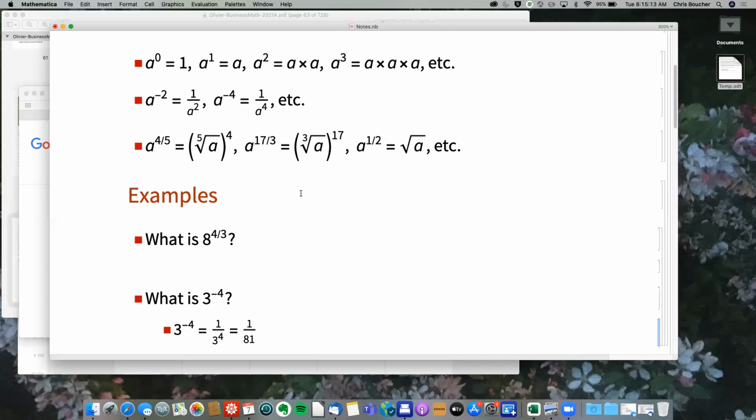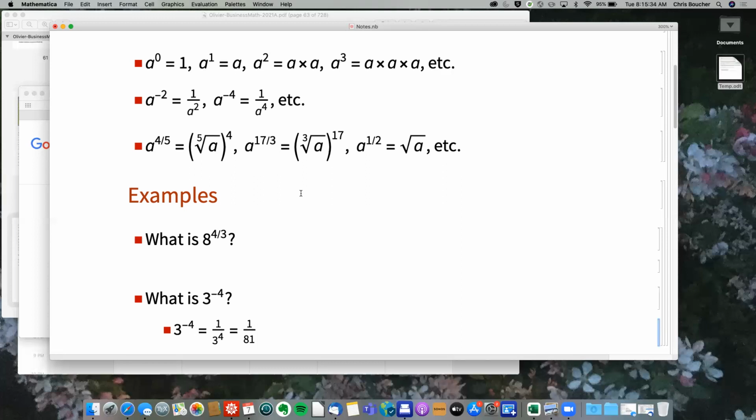Go ahead. The bottom number root, right? So it's the 3rd root because the 3 is the denominator in the fraction. So I'm going to take the 3rd root of 8, and then I'm going to raise that to the 4th power. Bottom number root, top number power.